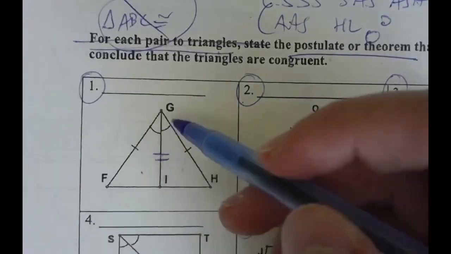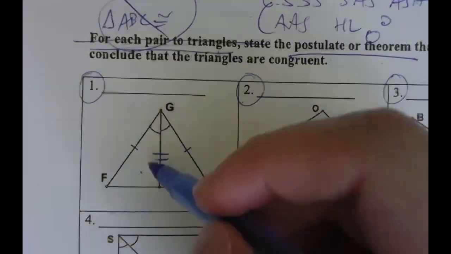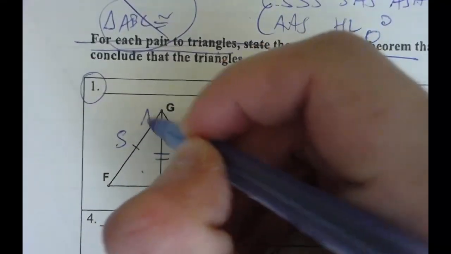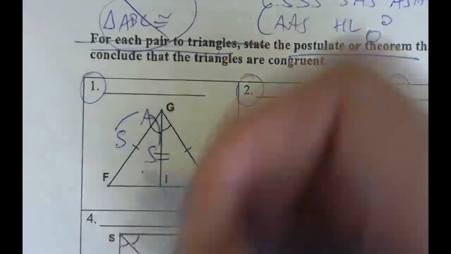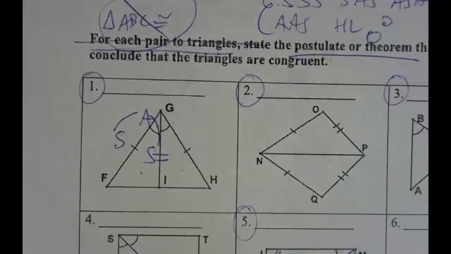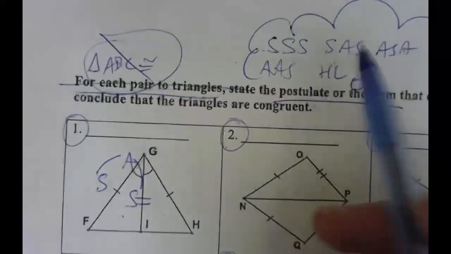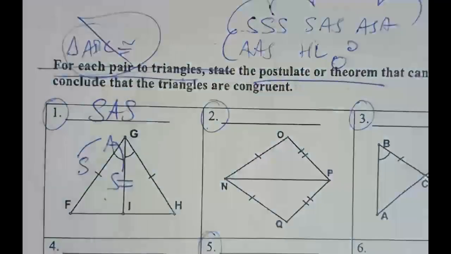Since it's present in both triangles and it is the same as itself, we would say GI is congruent to GI reflexively. And so we have a side-angle-side relationship. A side touching an angle touching a side. Okay, and that's true for both of these triangles. And since that is a valid method of proving congruence using a theorem, we would say this is a side-angle-side congruence problem.